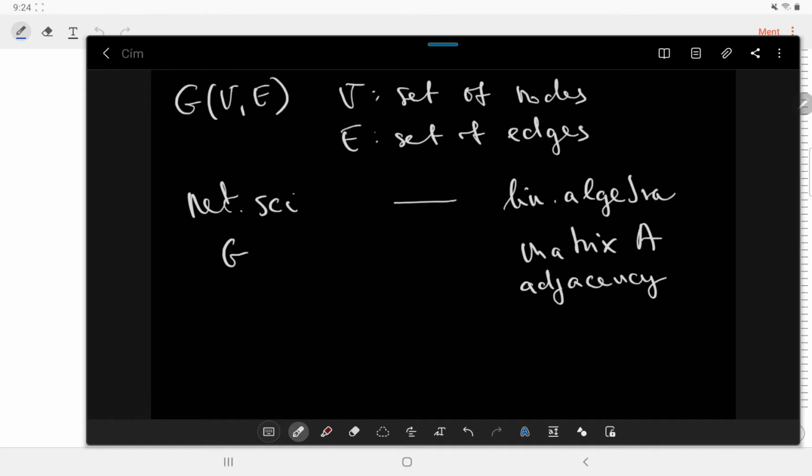And of course, there are other matrices as well. Last week we saw one of them for the bipartite graphs.